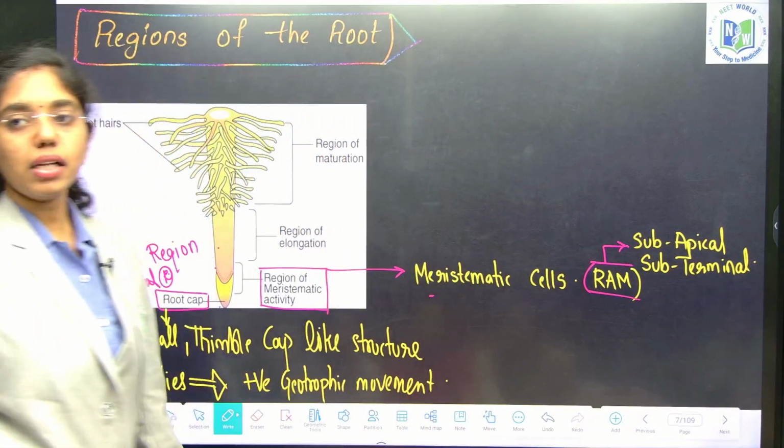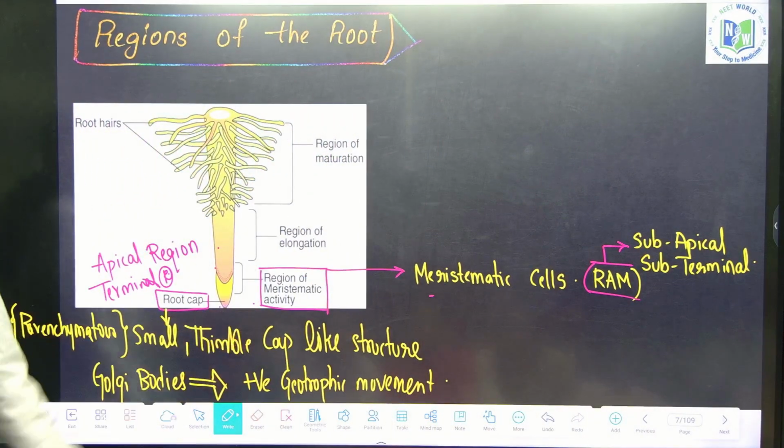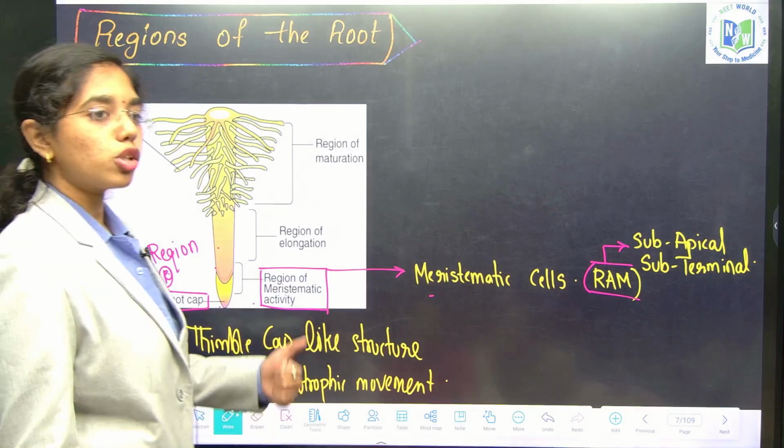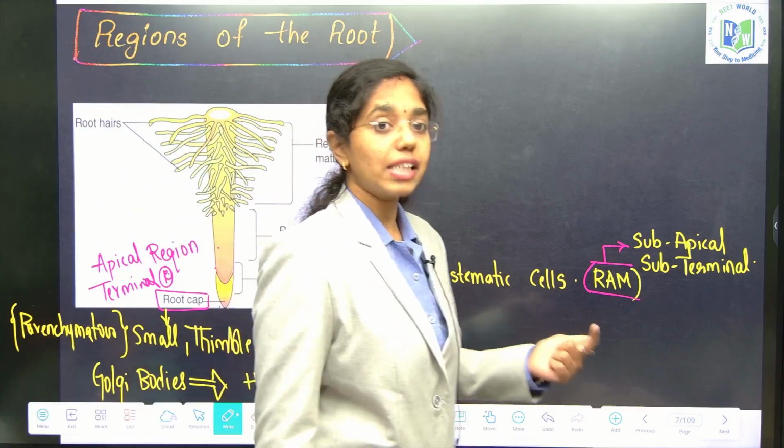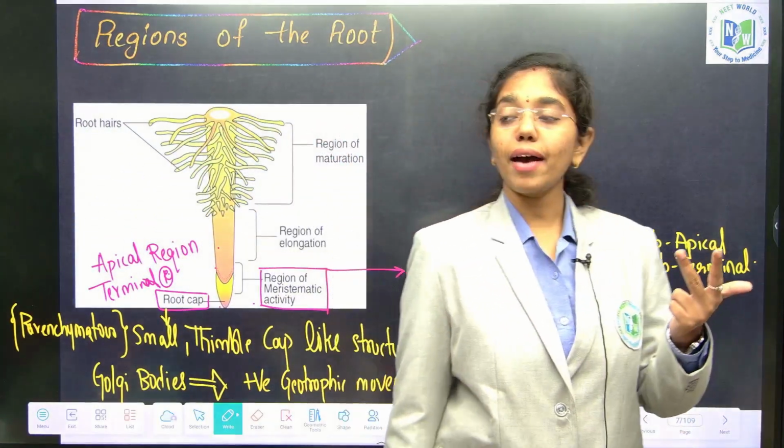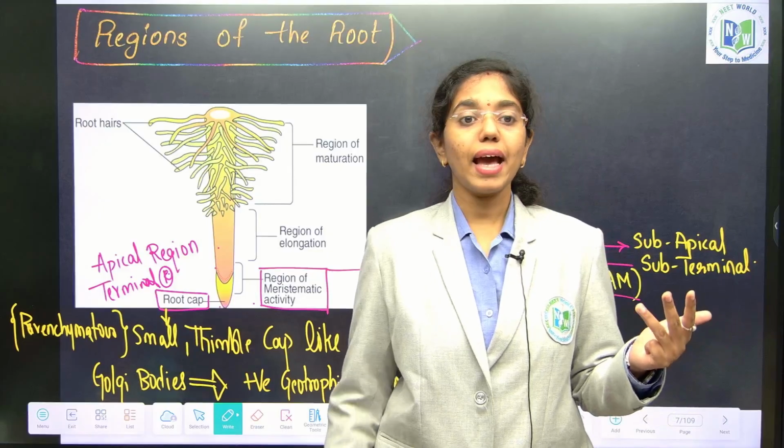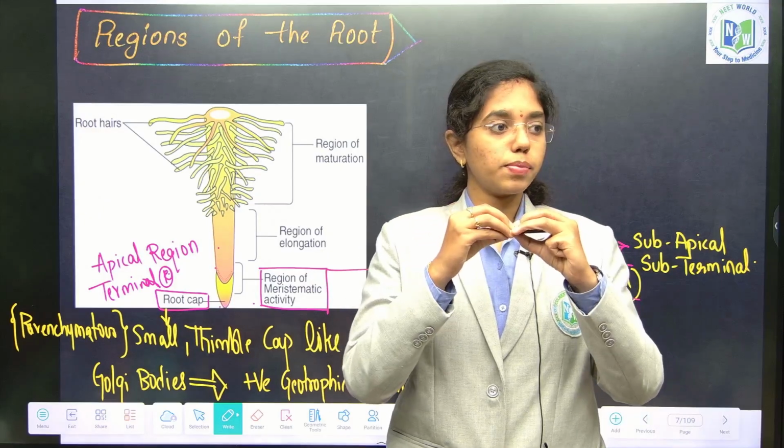The cells of the root apical meristem are also parenchymatous. They have a thin cellulosic cell wall, they don't have any intercellular spaces, and they have plasmodesmatal connections.